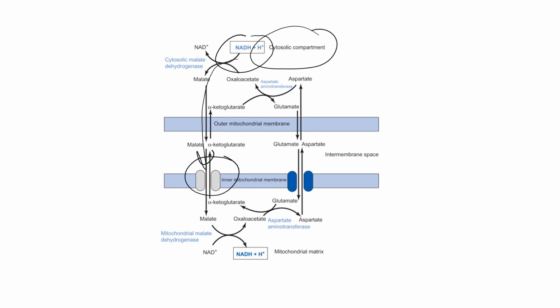So what's used is what's called the malate aspartate shuttle. Basically, NADH donates its hydrogens to another molecule, and then that molecule takes the hydrogens into the matrix of the mitochondria, and gives the hydrogens back to an NAD molecule in the matrix.